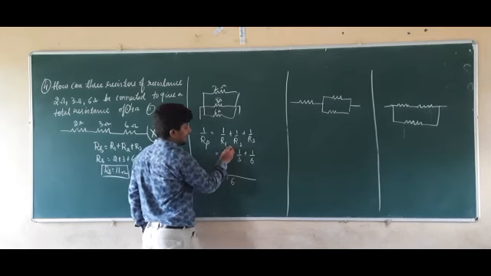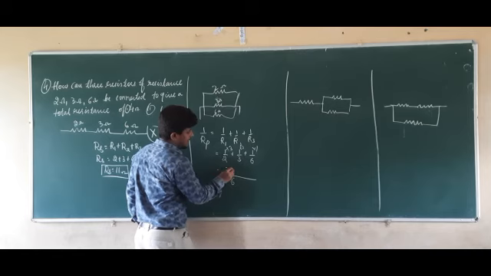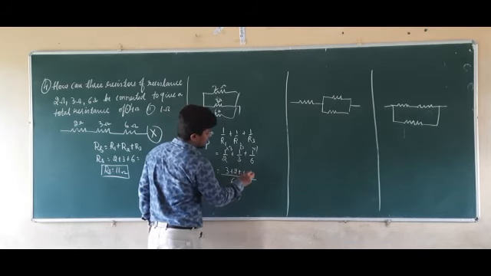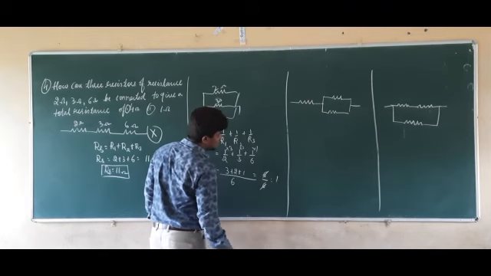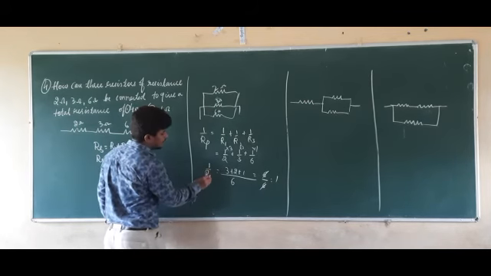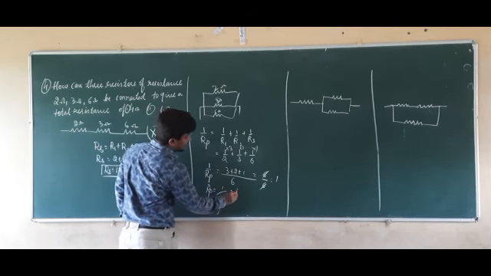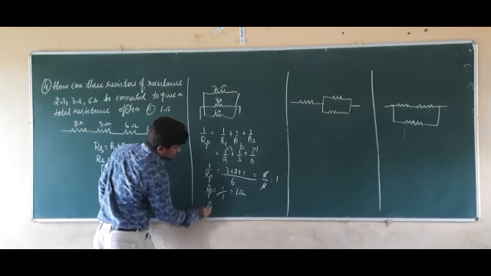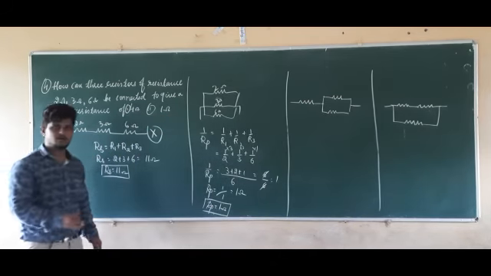So here into 3, here into 2, here into 1. So it will become 3 plus 2 plus 1, which is equal to 6 divided by 6. The 6s get cancelled. It gives 1 by Rp equal to 1. Therefore Rp equal to 1 divided by 1, which is equal to 1 ohm. So Rp equal to 1 ohm.